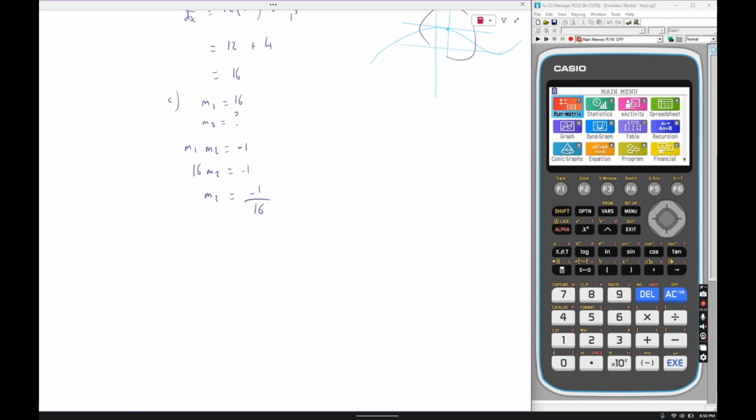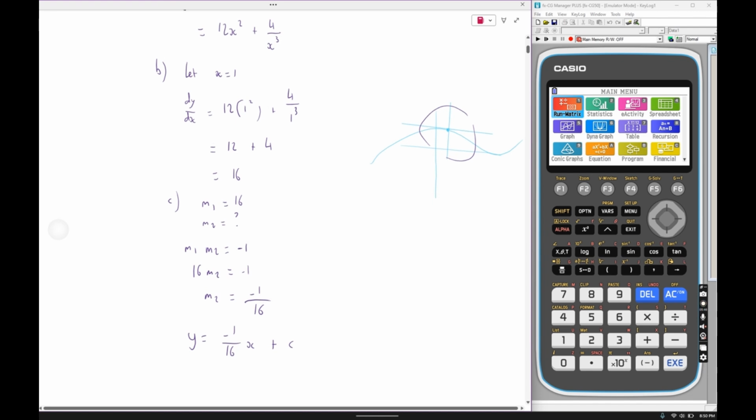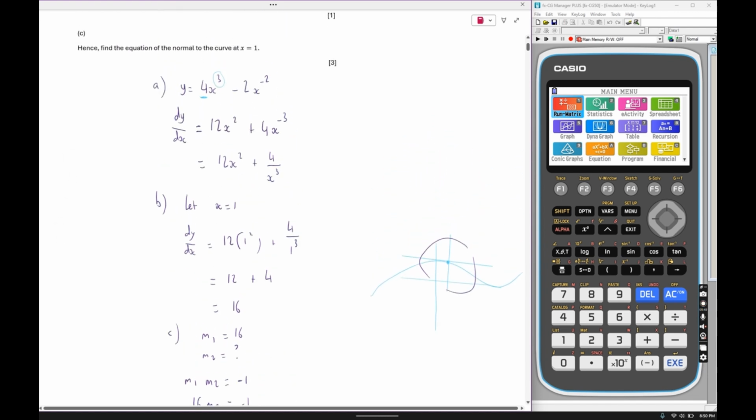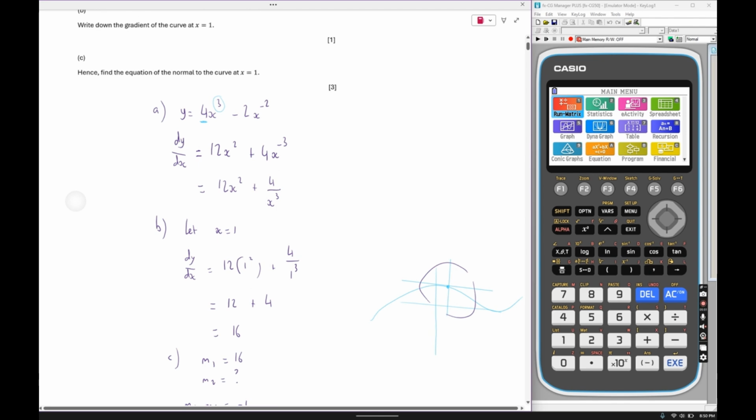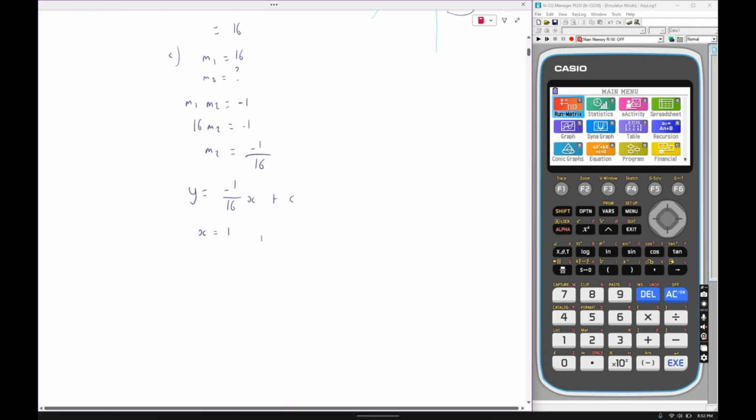So now let's summarize what we have. We have y equals mx plus c. Well, m is really -1 over 16, x plus c. Next thing that we know is that when x is 1, y, so let's go down here. Let's sub x equals 1 into, not the derivative, but into the original.